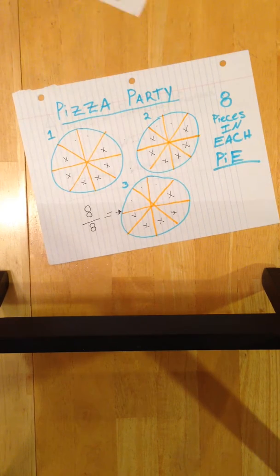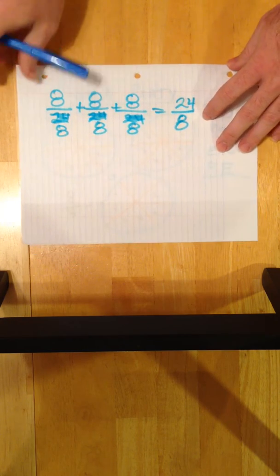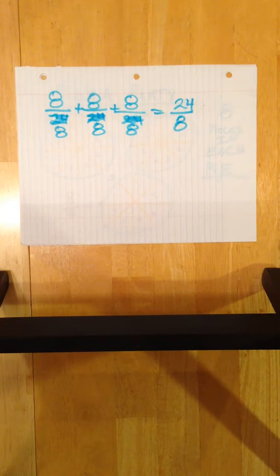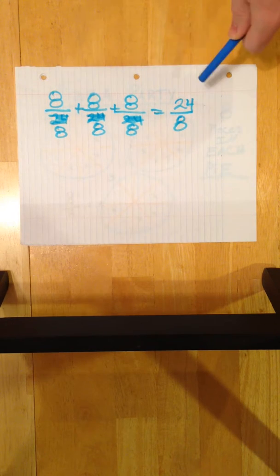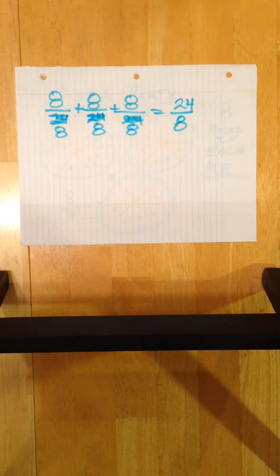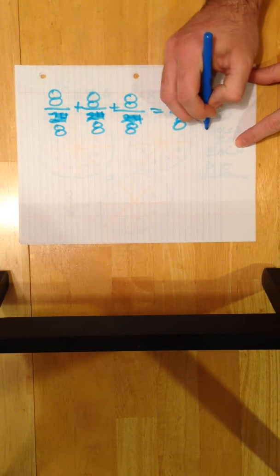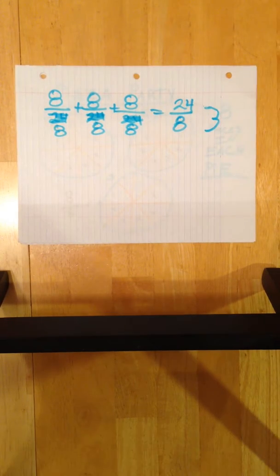So we have 24 total pieces in these pies. And just for the sake of keeping everything even, we're just going to bring the 8 over across, because that's what you always do. You add the numerators and leave the denominator the same. So we have 24 pieces amongst these pies, which equals out to 3 pizzas, right?